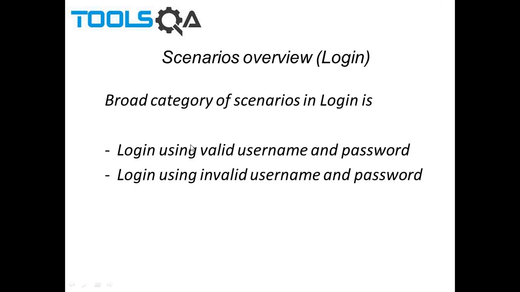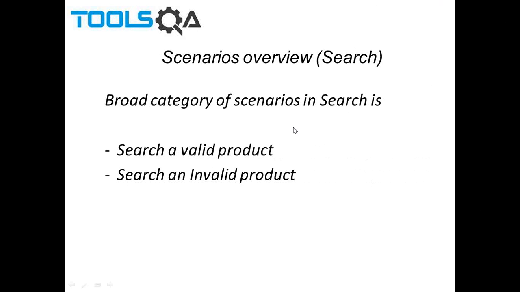Alright, so in the login scenario, we will just cover login with a valid username and login with invalid username and password. After that, we will move on to scenarios in the search area, where we would try to search for a valid product, search for an invalid product, and just verify a couple of things here and there.